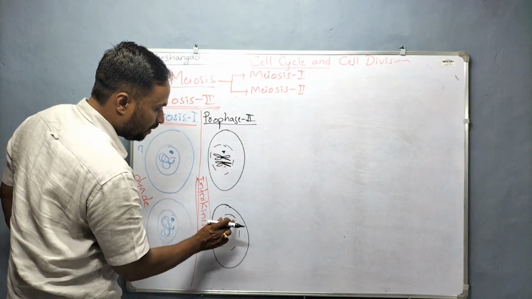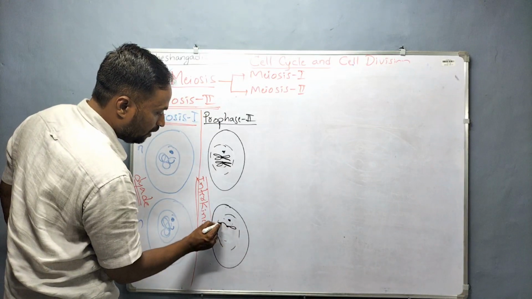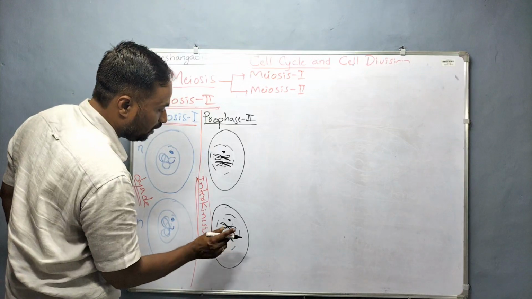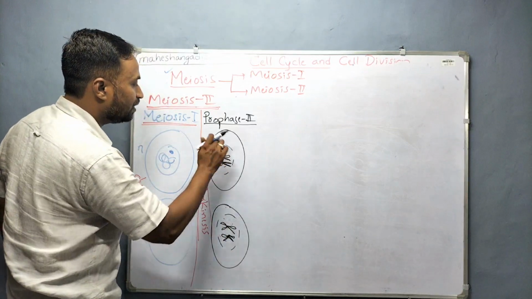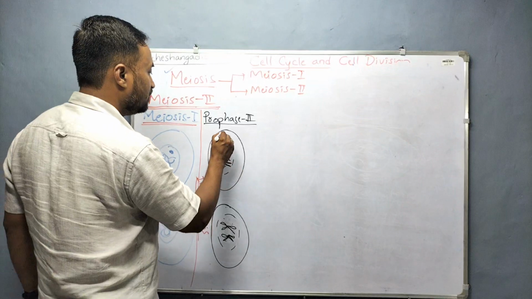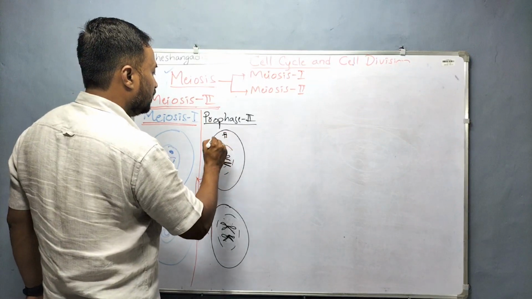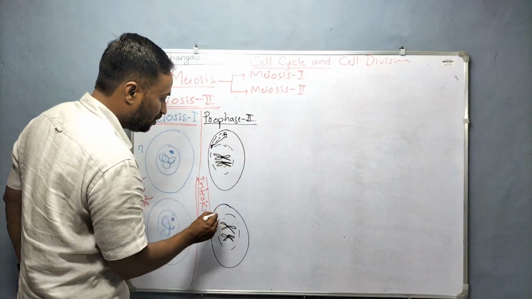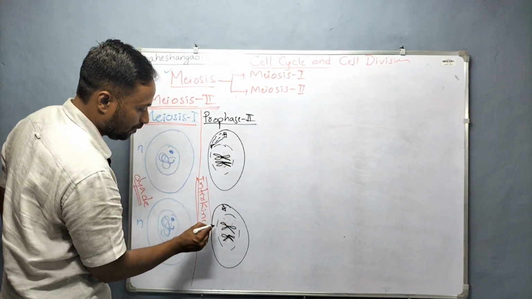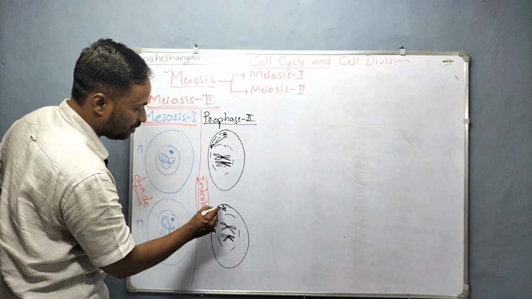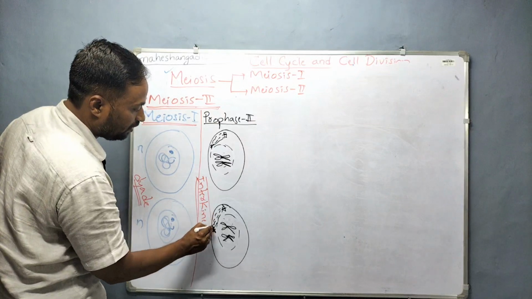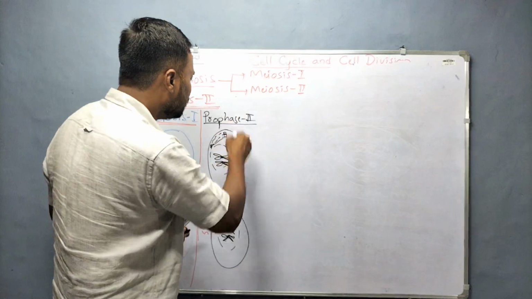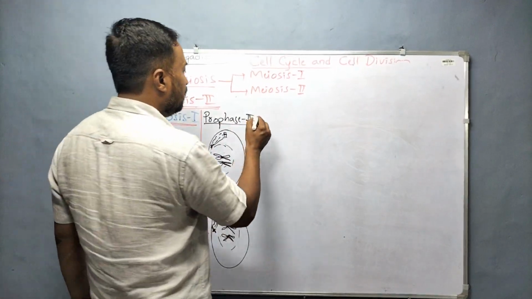Nuclear membrane disappears, chromatin condenses and becomes chromosome, and the nucleolus and other cell organelles disappear. The centrosome moves towards the opposite pole with the formation of a spindle fiber. If you remember mitosis and all its phases, you can easily write meiosis 2. This is prophase 2.